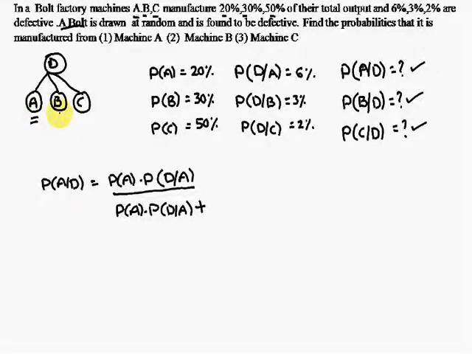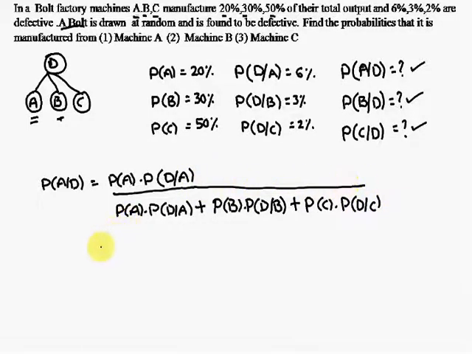Next, in place of A you substitute B, probability of B into probability of D given B occurs, plus this is also over. Next, in place of B you substitute C, probability of C into probability of D given C occurs.